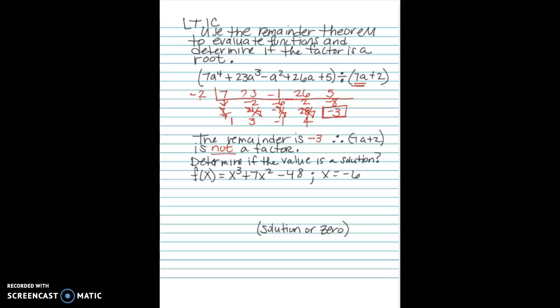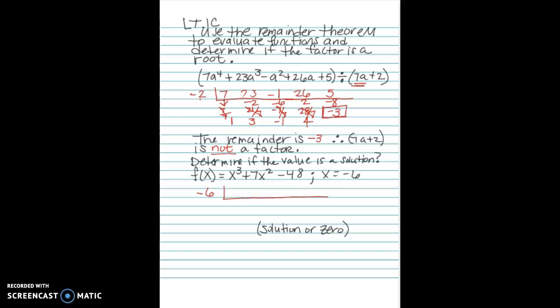So for my next one, determine if the value is a solution. I'm given f of x, which is equal to x cubed plus 7x squared minus 48, and the value of x I'm given is negative 6. So we want to decide, is that a solution? So I set this up for synthetic division using the negative 6 and the synthetic division symbol.